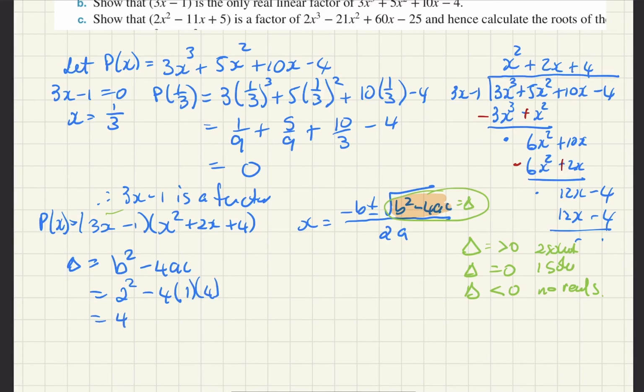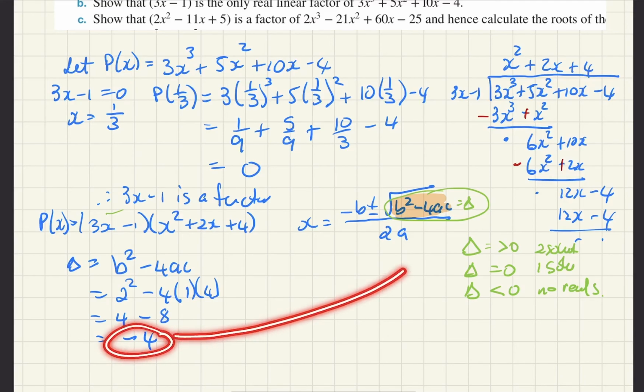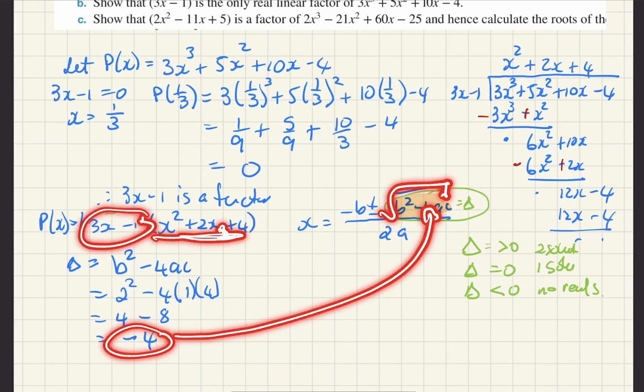That will give us 4 minus 16, which gives us negative 12. Now I can't get the square root of a negative, which means that I cannot factorize this with real factors. It will be imaginary factors. Therefore 3x minus 1 is the only real factor.